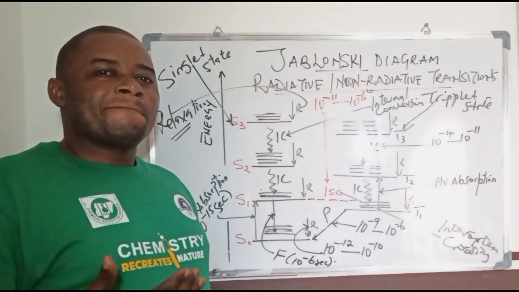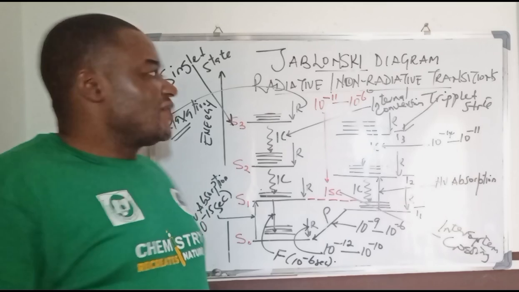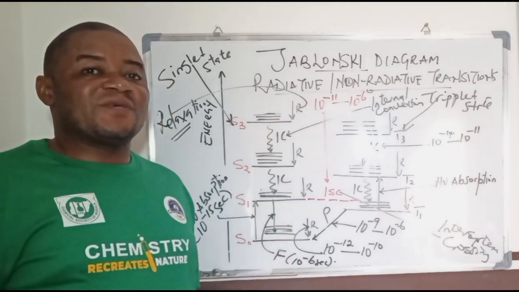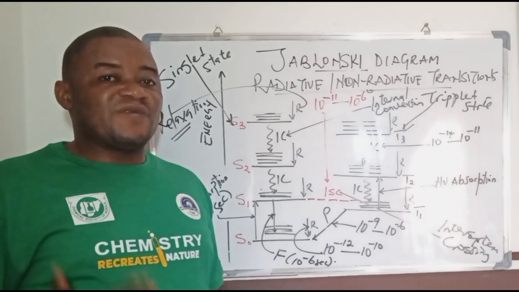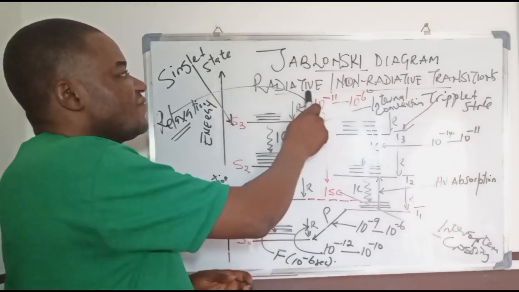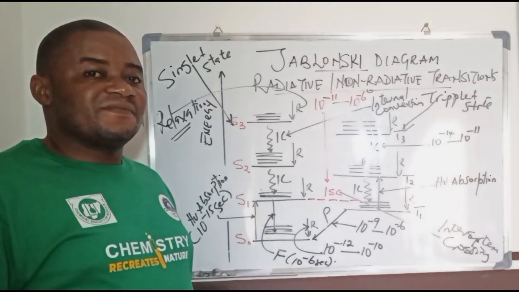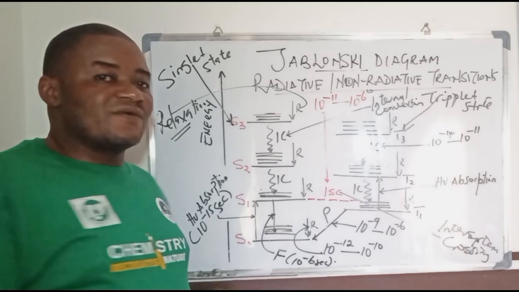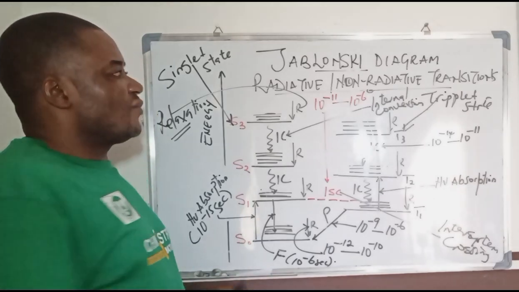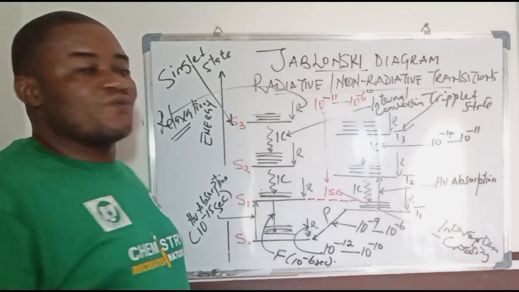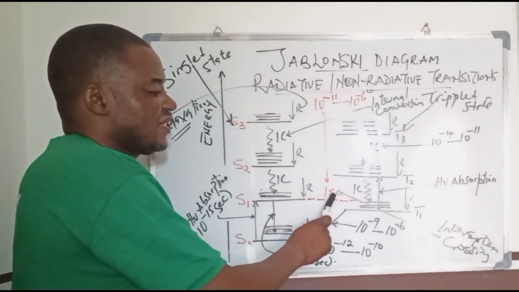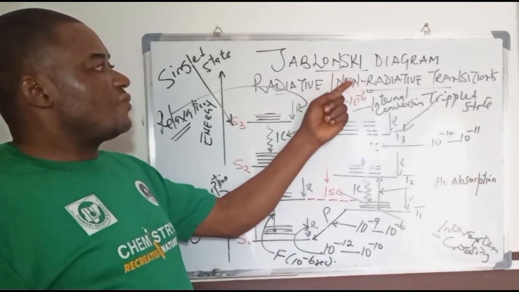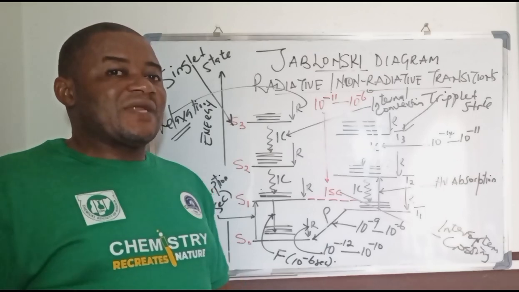But the most important of these two are the radiative transitions, because like I've mentioned, so many of those examples or applications I've mentioned make use of what? Radiative transitions. That is the fluorescence and the phosphorescence. But it doesn't mean that we do not have also applications where internal conversion and intersystem crossing that belong to non-radiative transitions are applied.